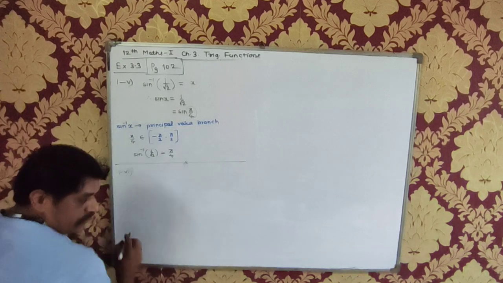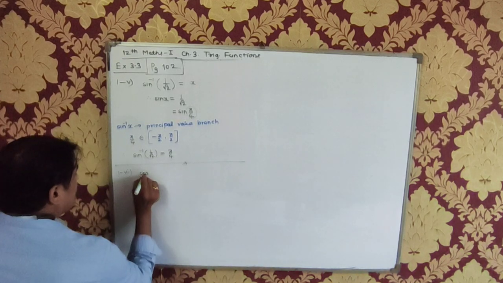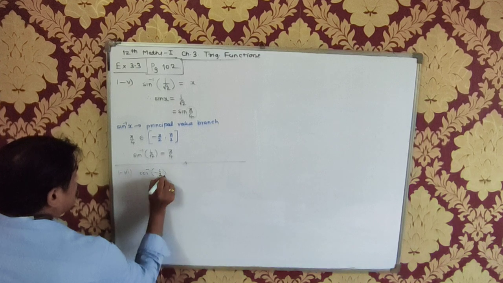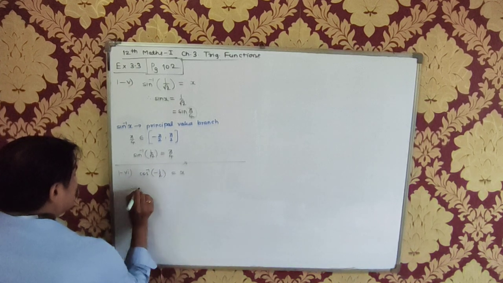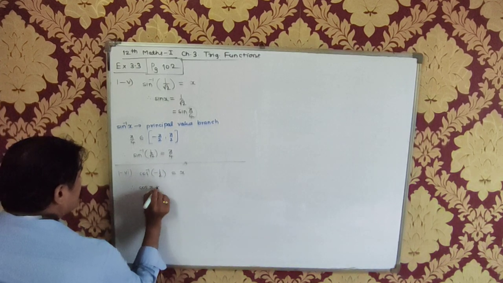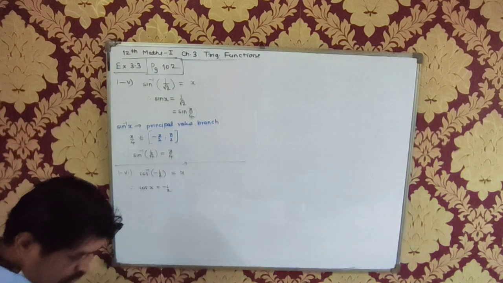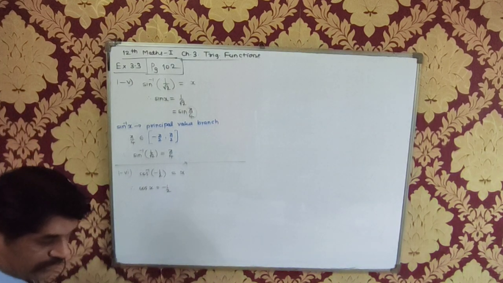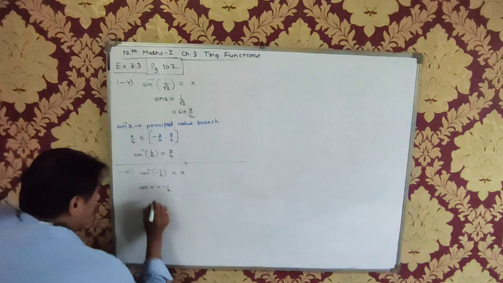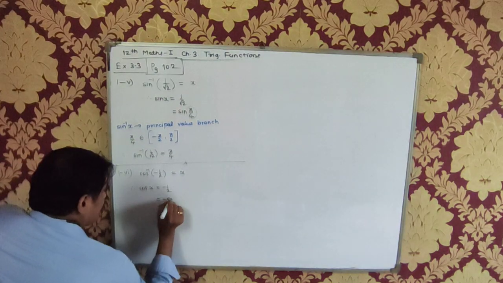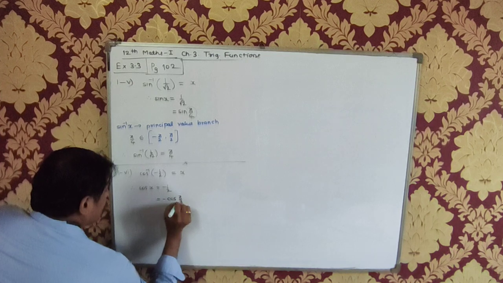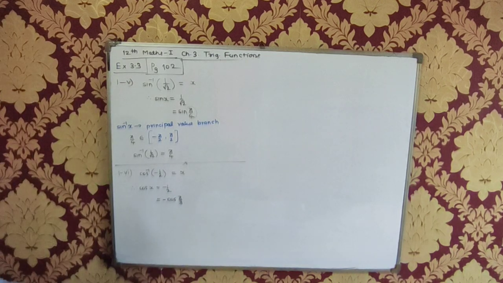Next, cos inverse of minus half. Let this be equal to x. Therefore cos x is equal to minus half. Now, I have to find this out. If we keep the minus half outside, this is minus cos of pi by 3.